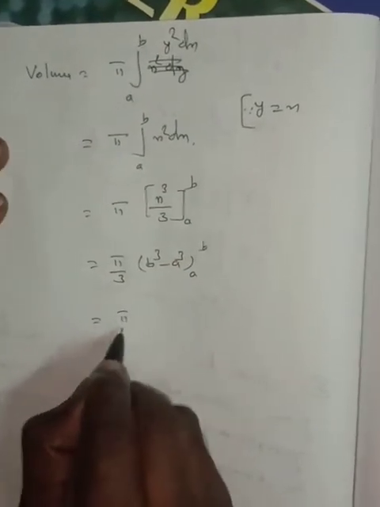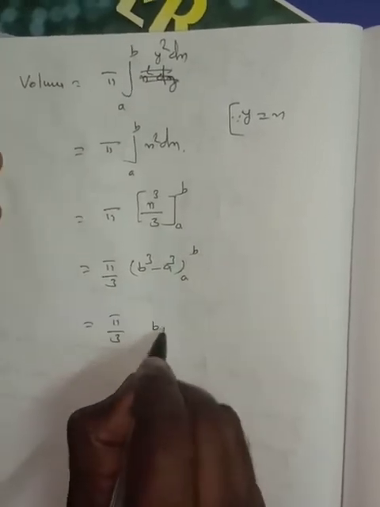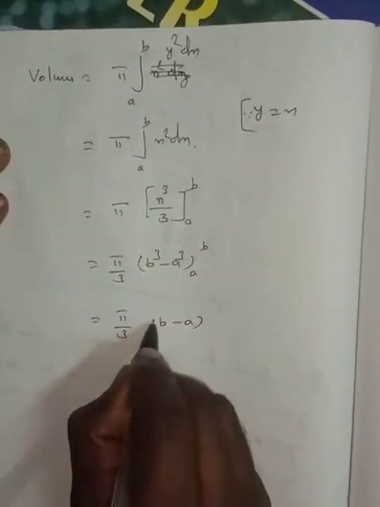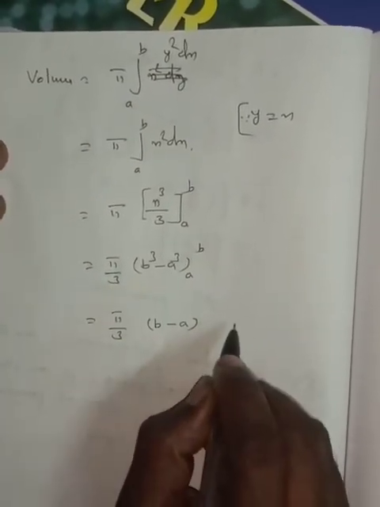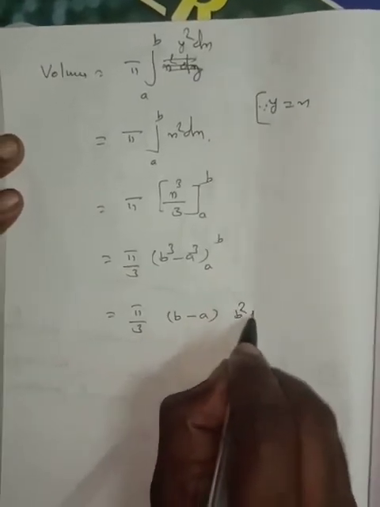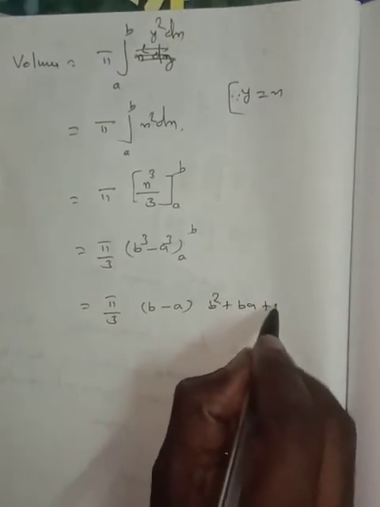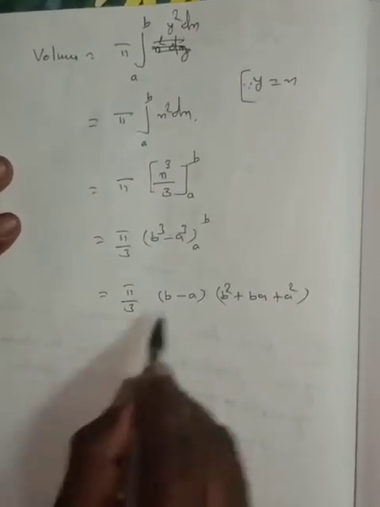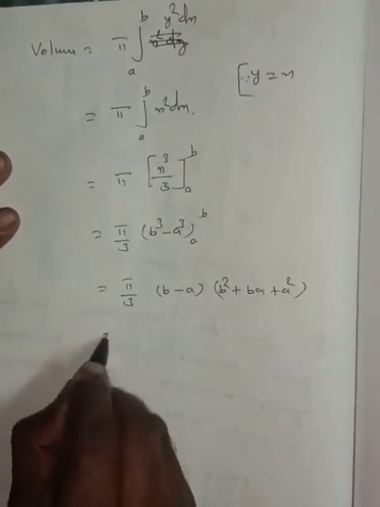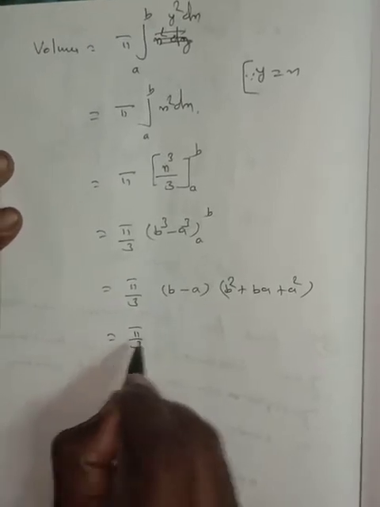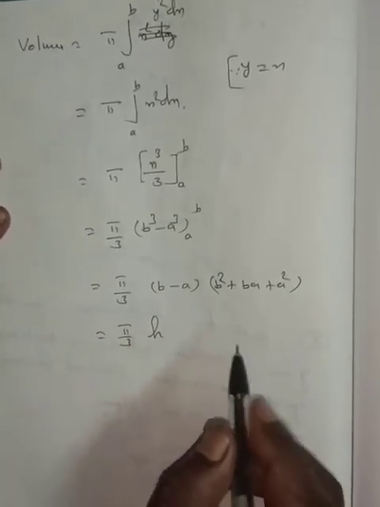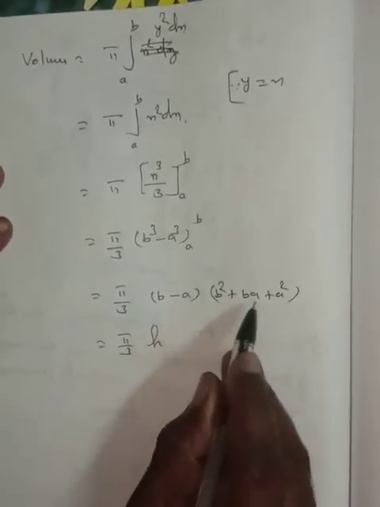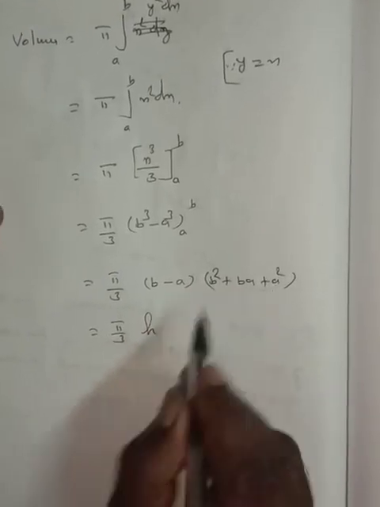So equal to pi by 3 (B minus A) into (B square plus BA plus A square). This is H. Therefore pi by 3 H. This is R, capital R, A is smaller.